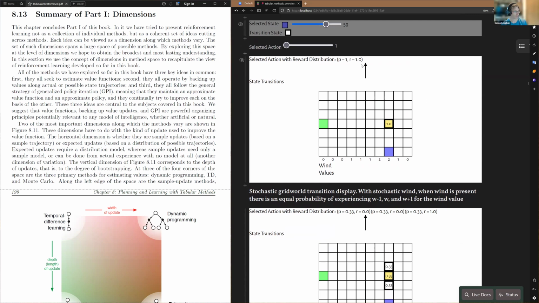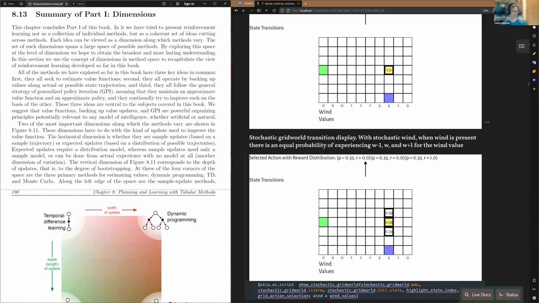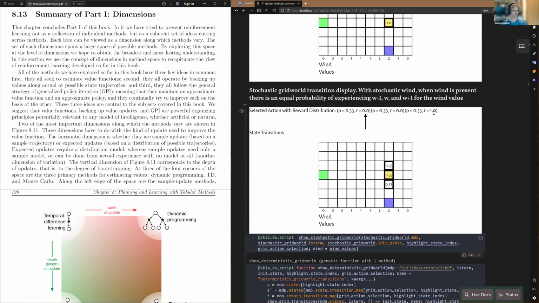Here, because this transition up from here goes into the goal, this now has a reward of 1. All the other transitions I was showing have a reward of 0. So going into the goal has a reward of 1. And here you can see the reward of 1 only has 1/3 probability because this is stochastic.